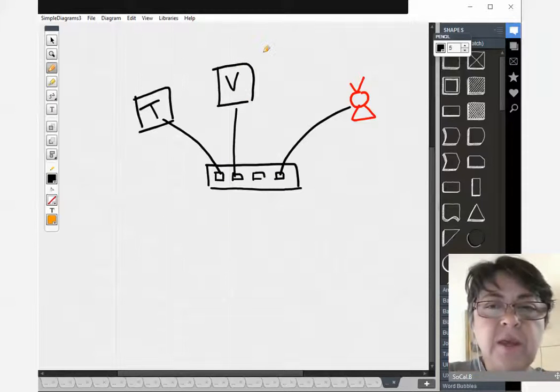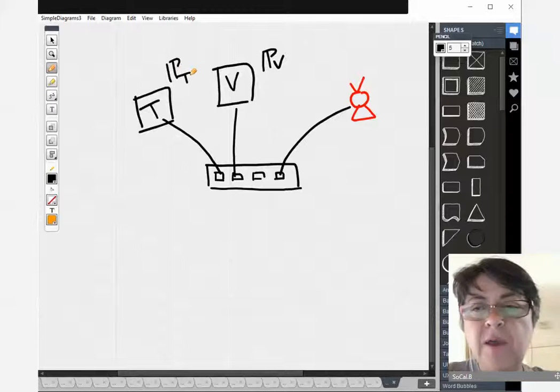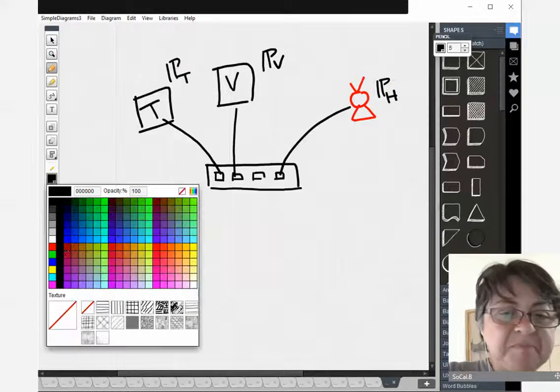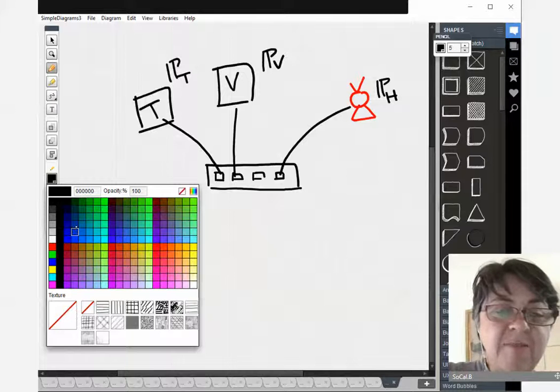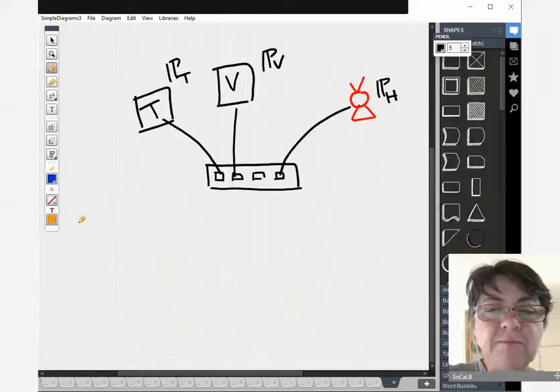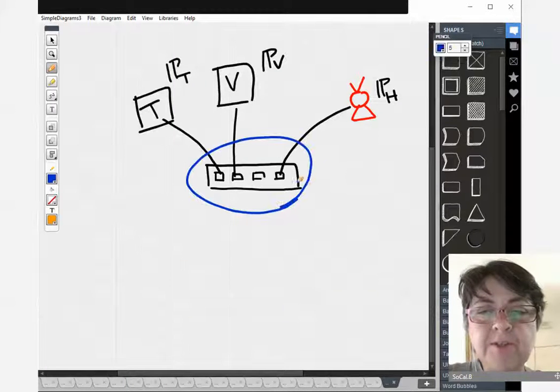So you have the IP of the victim, the IP of the target, and the IP of the hacker. Once I show you this, you'll say, oh man, that's so easy, right? So step one, compromise the switch. Make it into a hub.